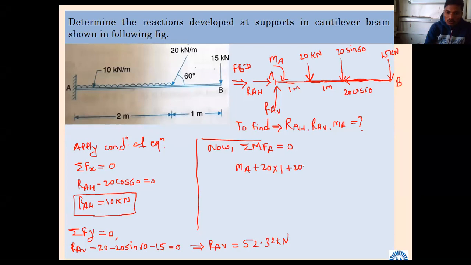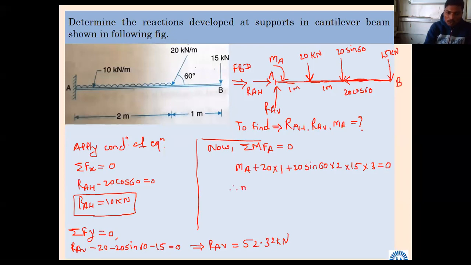Object will rotate in positive. Then 20 sin 60, and what will be distance? 2 meter. Then third force is what? 15 into 3, equal to 0.